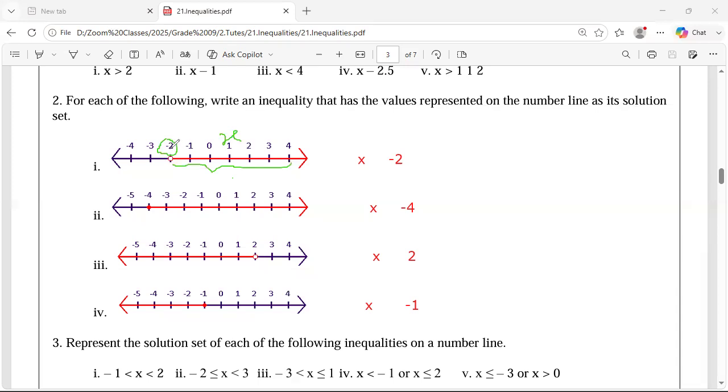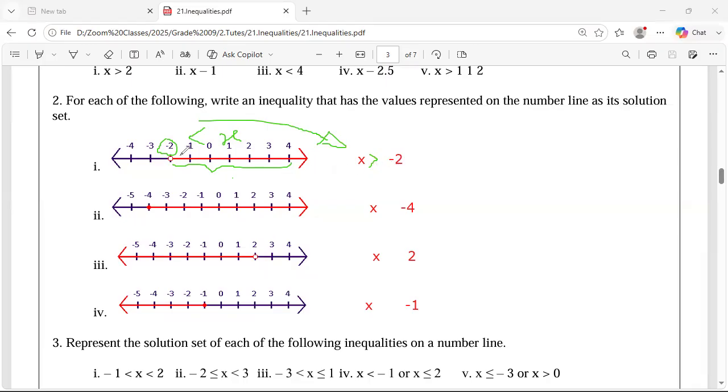Now when it comes to this side, x values are greater than negative 2. When it comes to the other hand side, when we write it in this way, we are going to change it. X values are greater than negative 2.